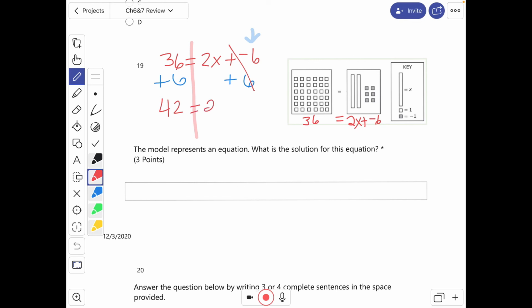These 6's cancel. Equal sign straight down, and the 2x is all that's left. And then we divide by 2 on both sides. And we get 21 equals x.